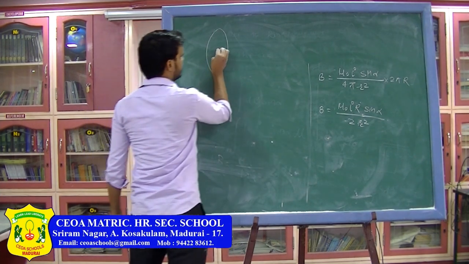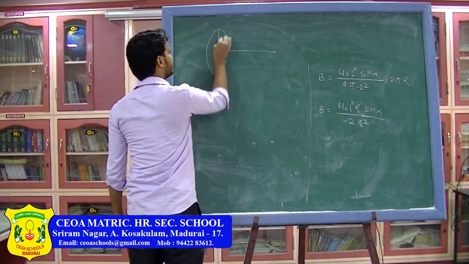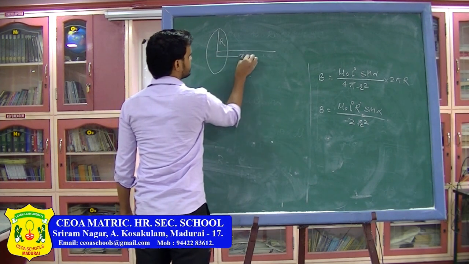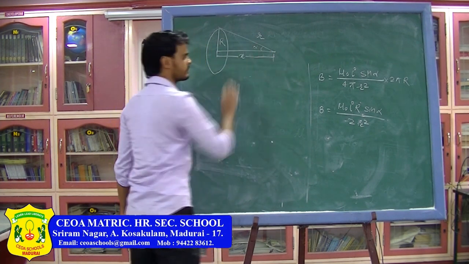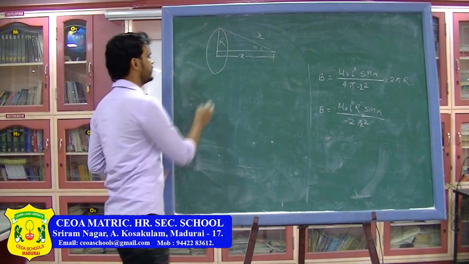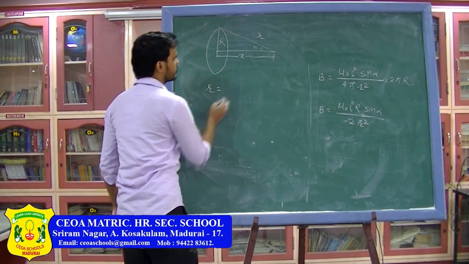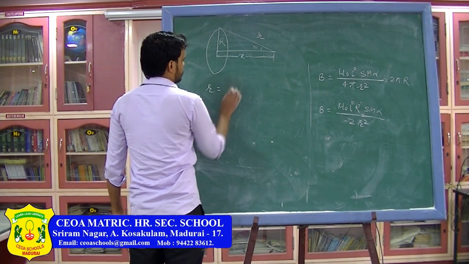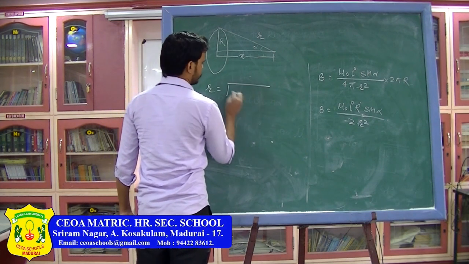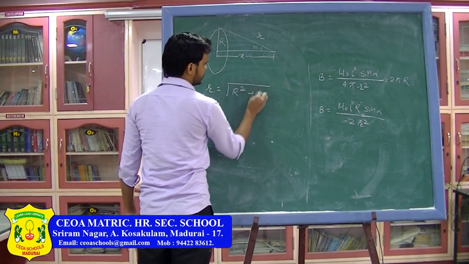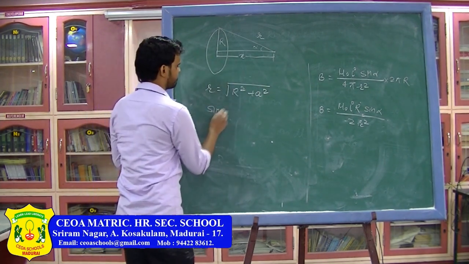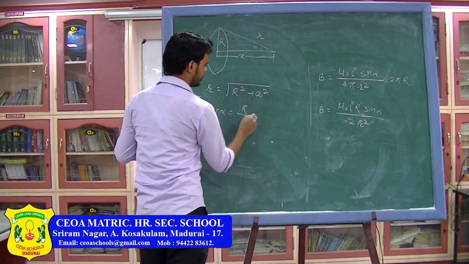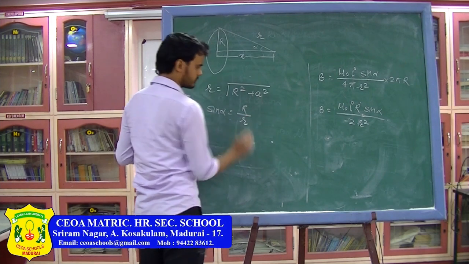So, we have this ring, radius of the ring is capital R, this distance is x, and this distance is small r, and this angle is alpha. Again here I can write small r is equal to root of R square plus x square, and sin alpha I can write as capital R divided by small r.